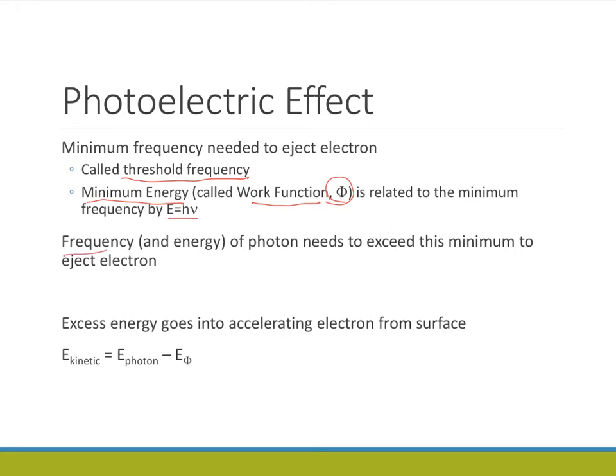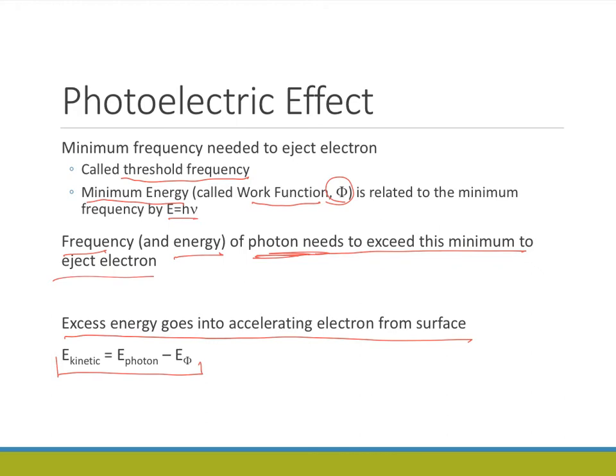So the frequency and the energy of any packet of light, a photon, that strikes a charged piece of metal needs to exceed the minimum to eject the electron. And as I said, excess energy goes into accelerating the electron. In other words, we can write this as the kinetic energy of the electron is equal to the energy of the photon minus the energy required to eject the electron.